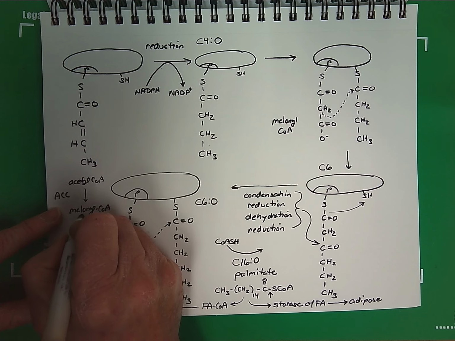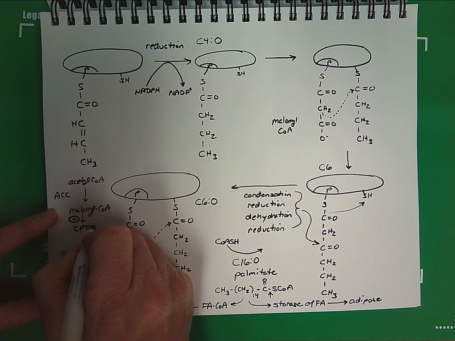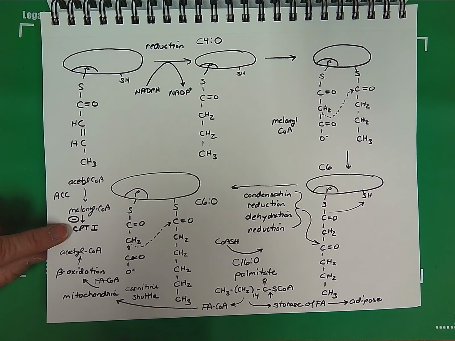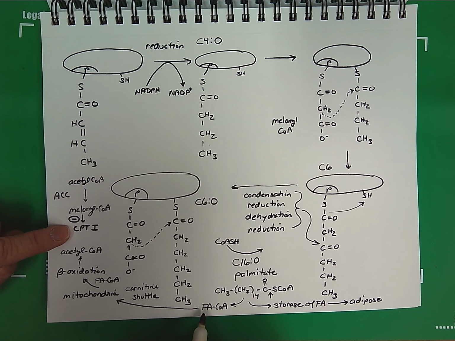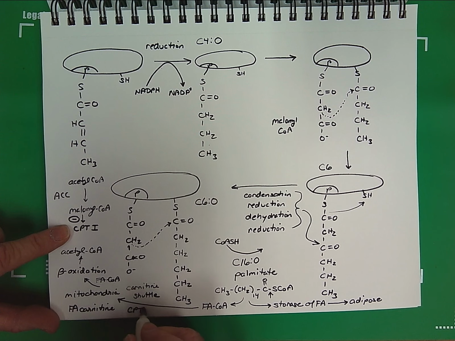Malonyl-CoA is in the cytoplasm, and this will inhibit CPT1, which is the carnitine palmitoyl transferase 1. So the enzyme responsible for converting fatty acyl CoA to fatty acyl carnitine for translocation into the mitochondria is CPT1.